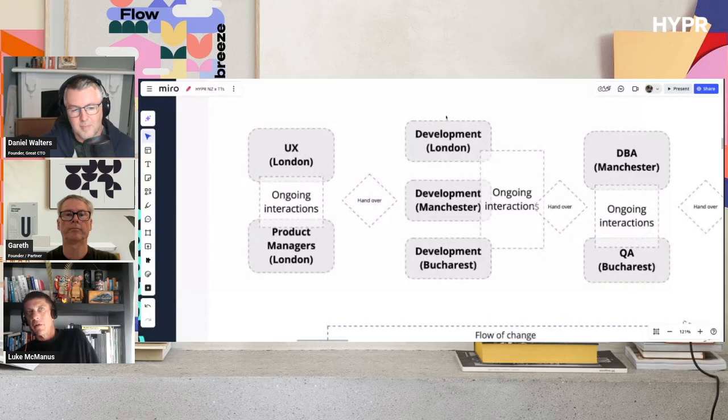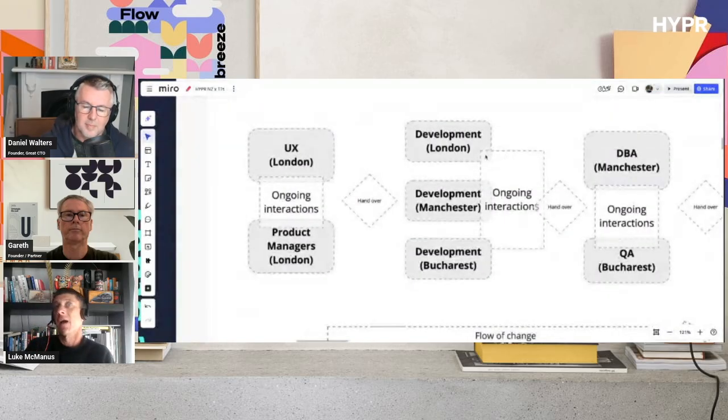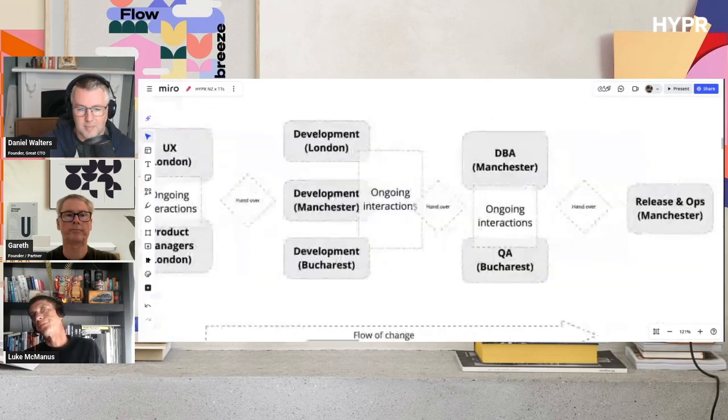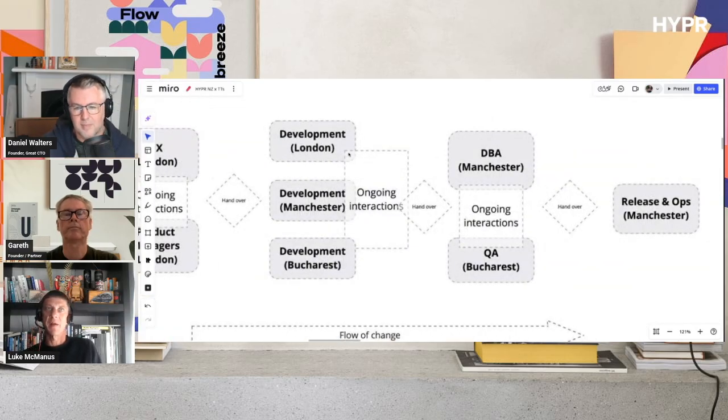They all work across the same bunch of domains. So to work out what people are working on so they don't step on each other's toes, they have to interact all the time. So, scrum of scrums, stand-ups, all sorts of wonderful PI planning, all of our favorite things.